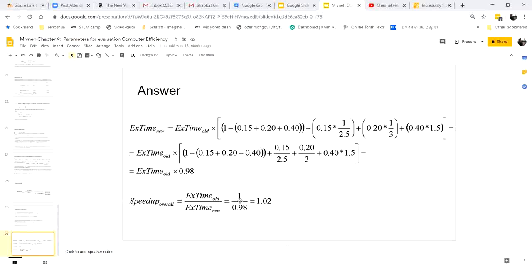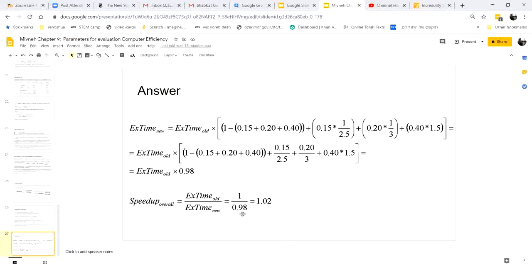Why is it 1? Because we're assuming we don't know what it is, but whatever it is, it's 1. The relative relationship is 1 time, divided by 0.98. So 1 over 0.98 is 1.02 times faster. Call that 2% faster, but you have to multiply. It's confusing.